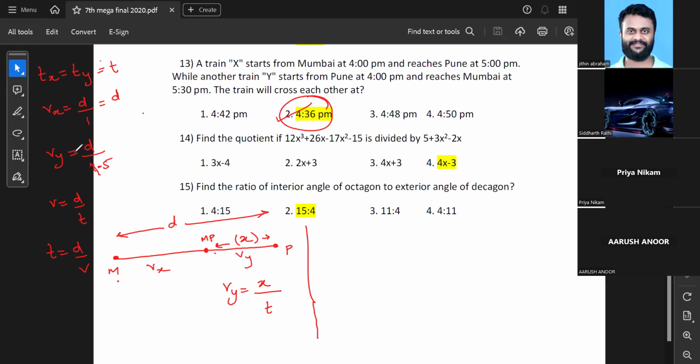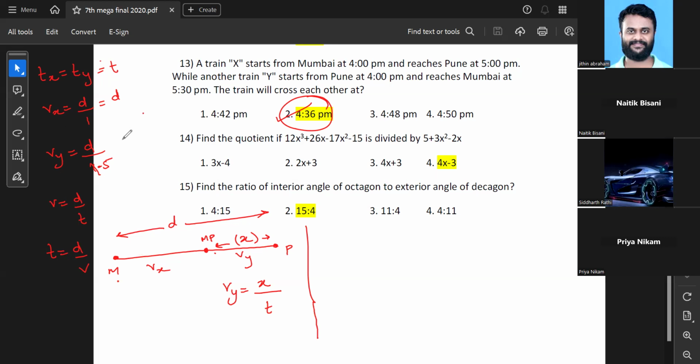Now, as you know, there is a difference in speed. For example, if Vx is d, then Vy is d upon 1.5. By the way, out of Vx and Vy, which one is faster? Vx is faster, right?